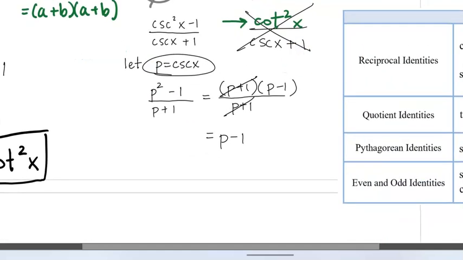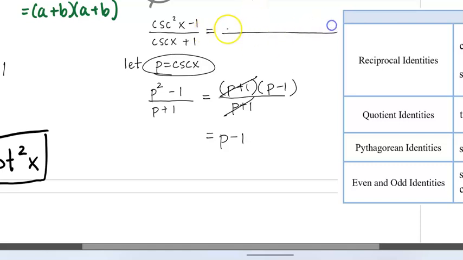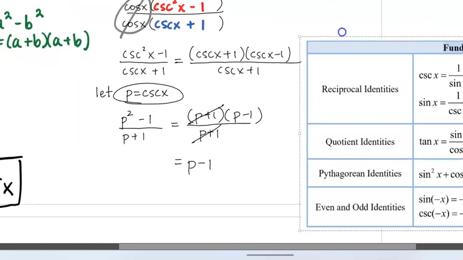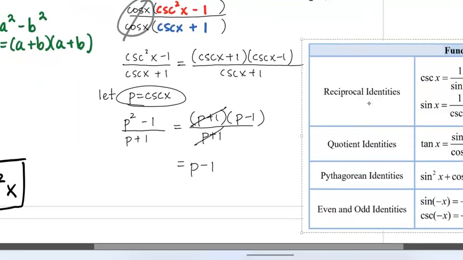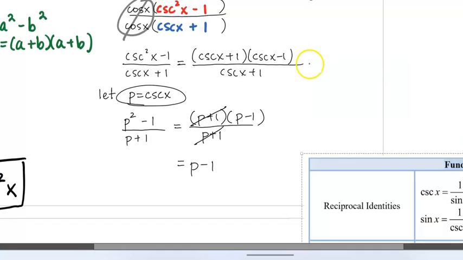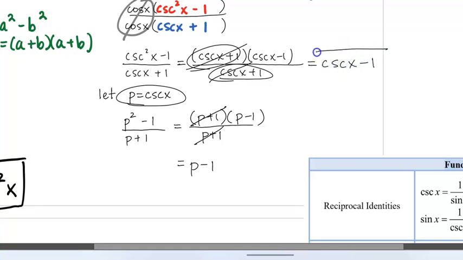So I did all of this to show that what you would really want to do here, instead of applying that Pythagorean identity, is you would want to factor the numerator into a difference of squares as cosecant x plus 1, cosecant x minus 1, then you see that the cosecant x plus 1 in the denominator can cancel the same way our p plus 1's canceled and leave us with simply cosecant x minus 1 as our final answer.